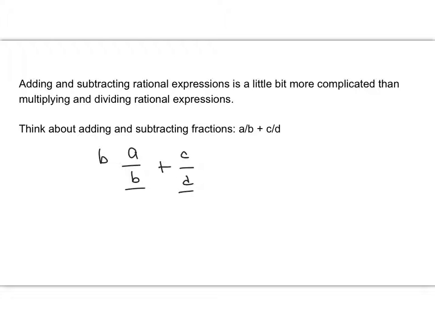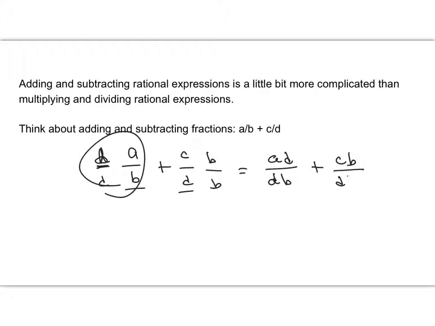So I'd have to multiply this side by d over d, and this side by b over b. Remember, multiplying by d over d is the same as multiplying by 1. I'm not changing the value here, I'm just changing how it looks. And I'd end up with AD over BD, sorry, plus CB over DB.